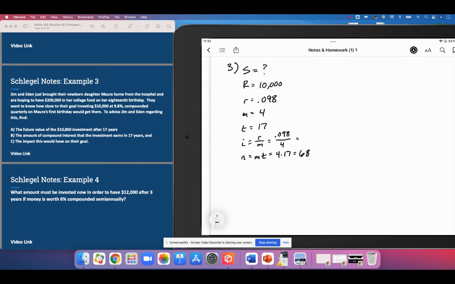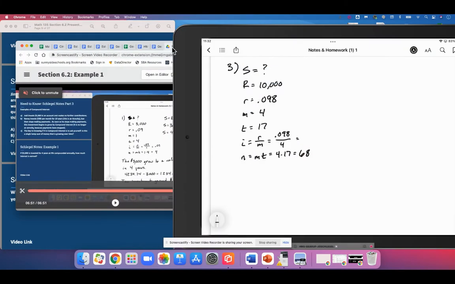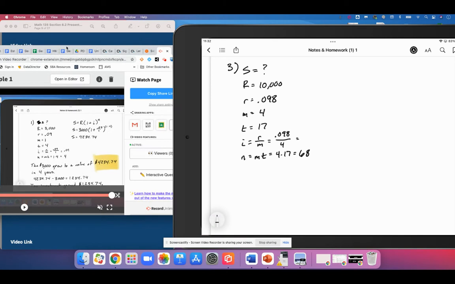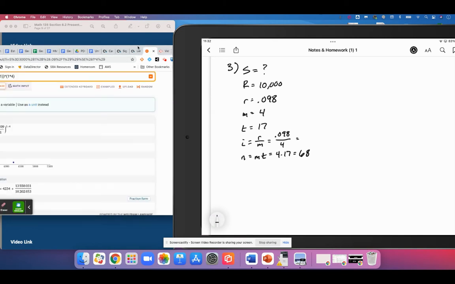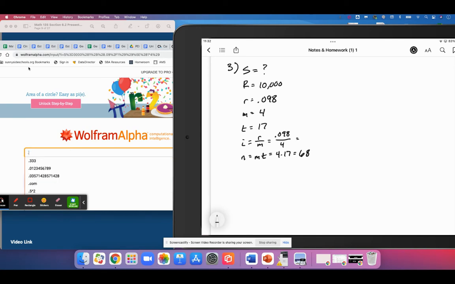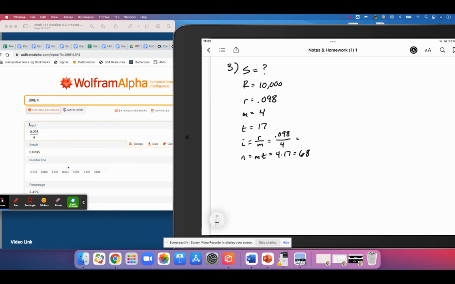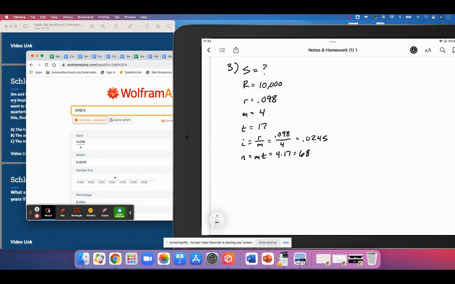And then 0.098 divided by 4 will get us 0.0245. So again, to put this in the formula, I could do it as a fraction, or I could convert it to a decimal like I just did.